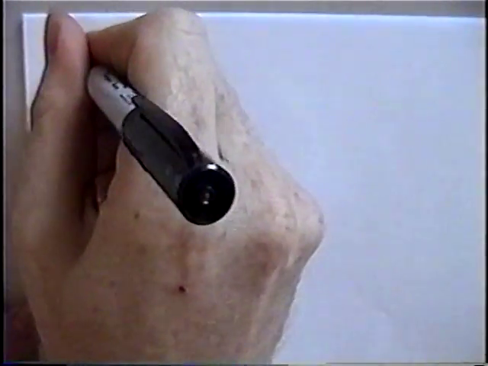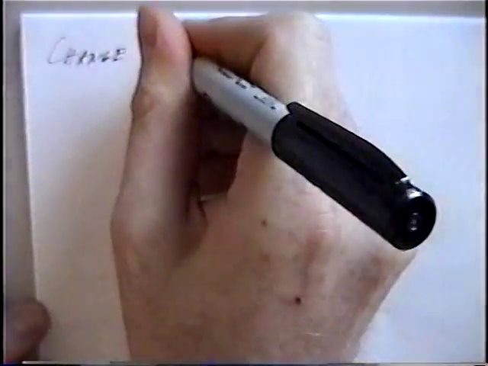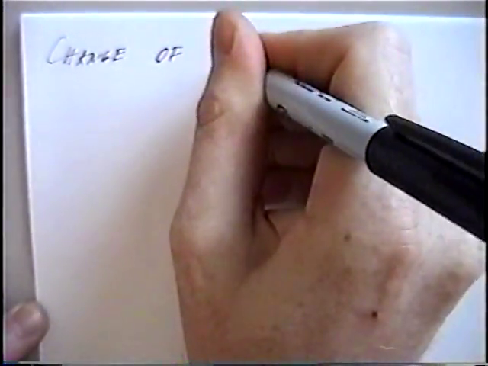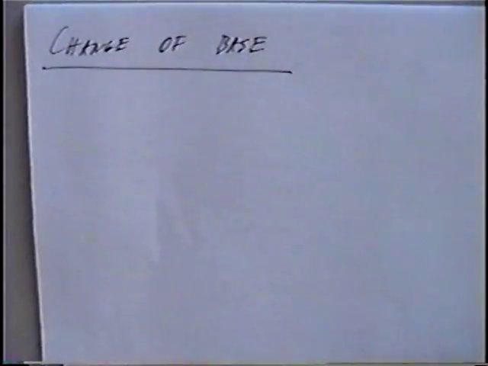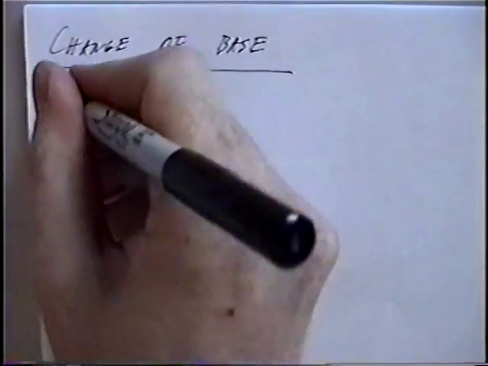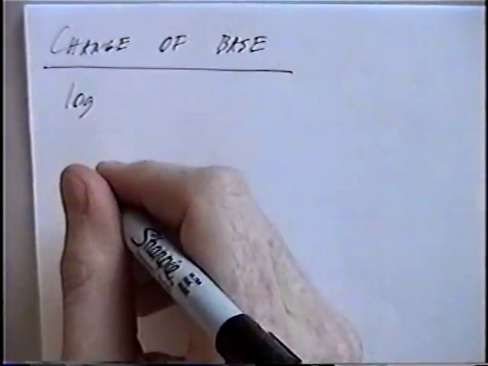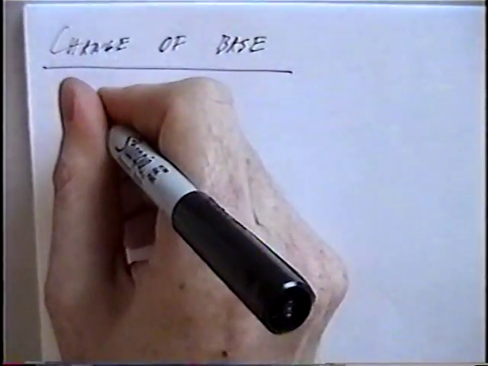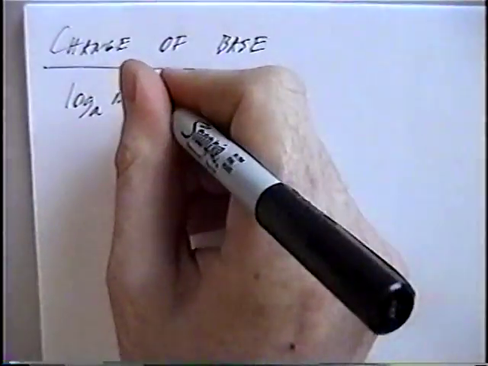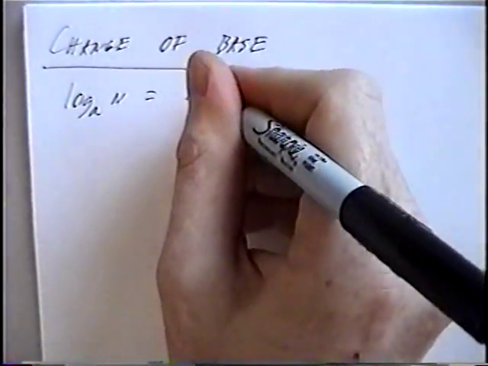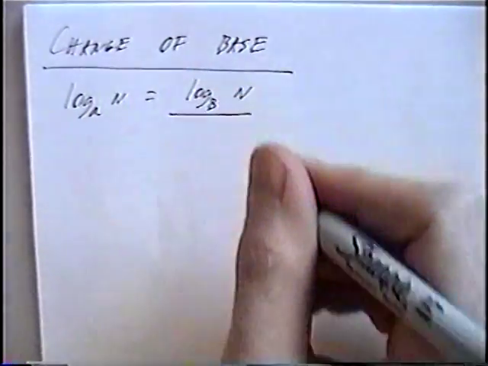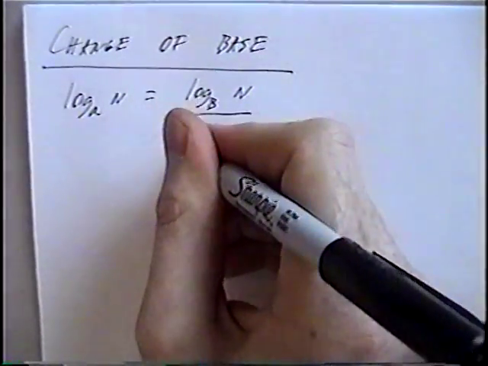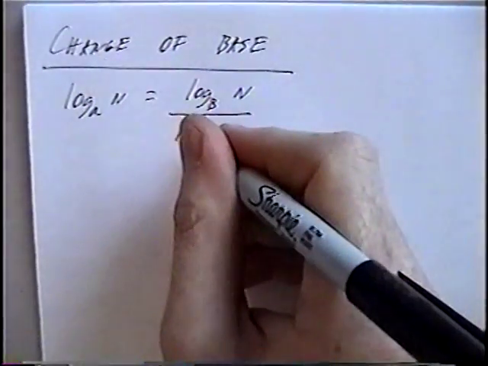Next section of notes today is titled Change of Base. The formula for this section is log n base a equals log n base b divided by log a base b.